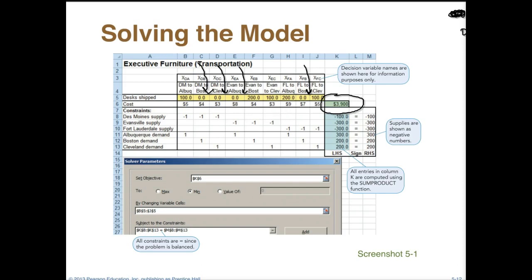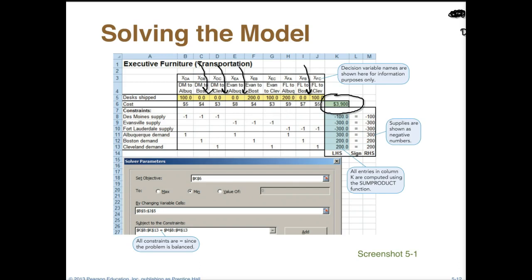Now, you also see here that for Fort Lauderdale going to Boston, the Fort Lauderdale plant has nothing going to Boston. Okay? The issue with this is, what if there's something going on with the Des Moines plant, like let's say a big snowstorm or something like that, and they can't get those desks out.